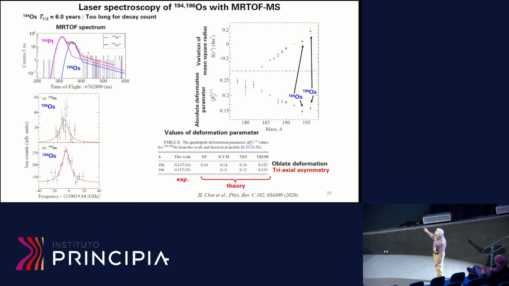For the case of osmium-194, the experimental value is consistent with the theoretical models, indicating oblate deformation. However, in the case of osmium-196, the experimental value is different from the theoretical values, indicating triaxial asymmetry.